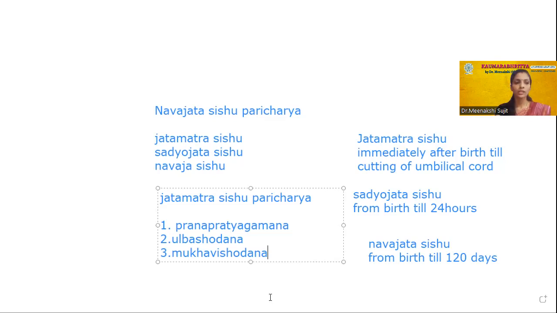His palate, lips, throat, and tongue should be wiped with the attendant's finger, from which the nails are properly trimmed off, well cleaned, and covered with cotton swabs. This provides extra stimulation to the baby's central nervous system for initiation of respiration. This is the Ayurvedic part.